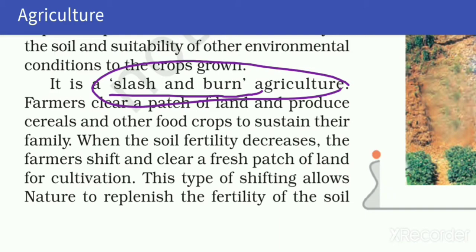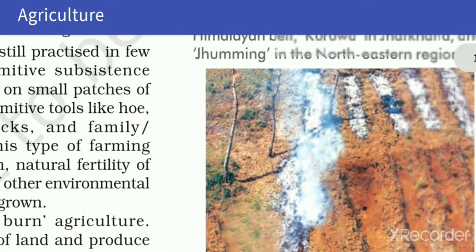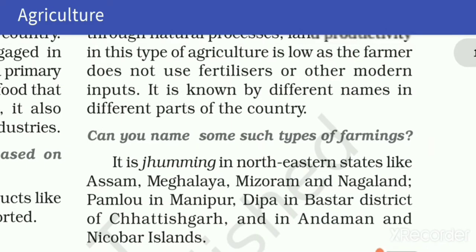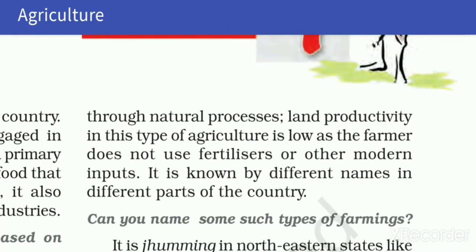Here a question arises: why do the farmers practice this kind of method? Actually, this type of shifting allows nature to replenish or reload the fertility of the soil through natural processes.